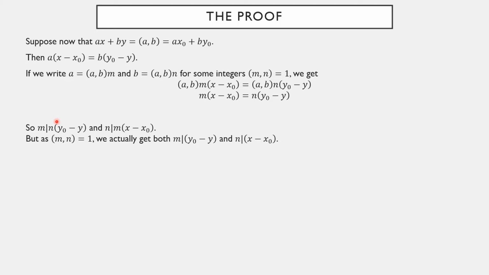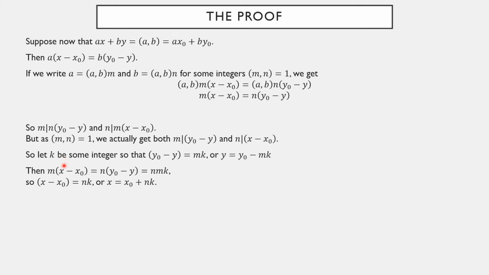So if m is a factor of this product and it's relatively prime to n, m must be a factor of y naught minus y. If n is a factor of this product, but it's relatively prime to m, n must be a factor of x minus x naught. Okay, if m is a factor of that, then m times something is equal to y naught minus y. So I write y is equal to y naught minus m times k.